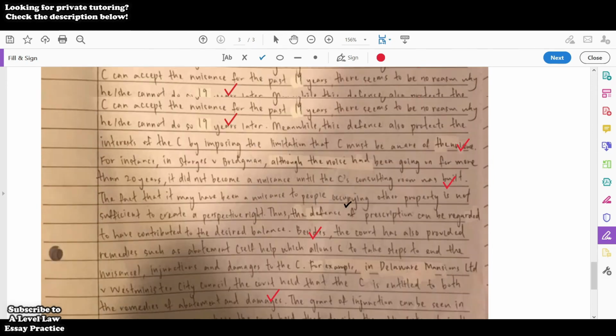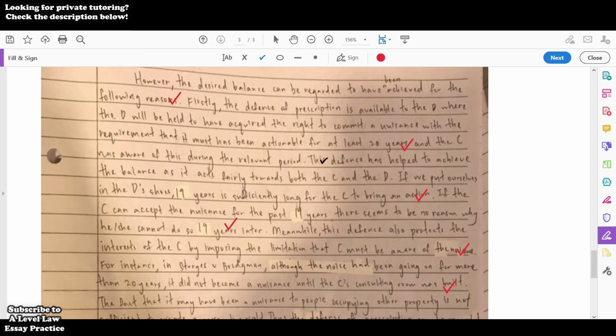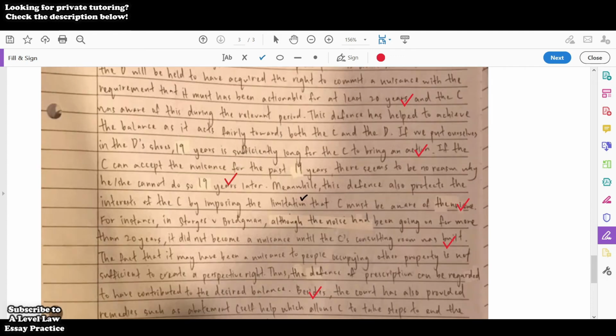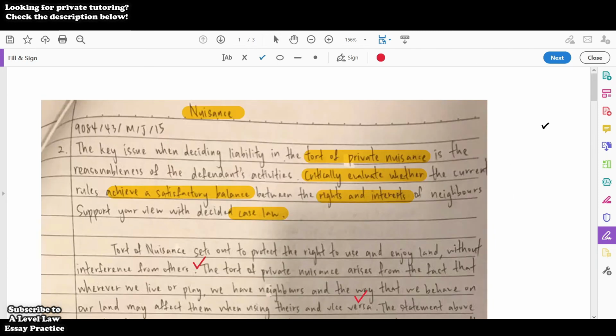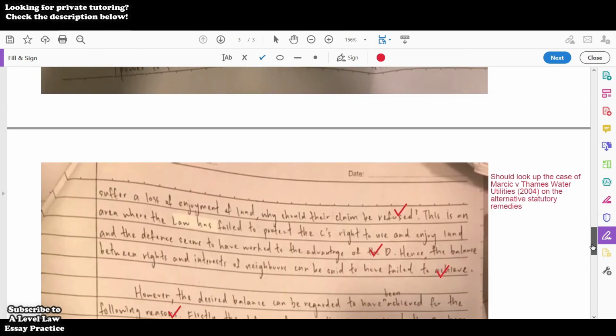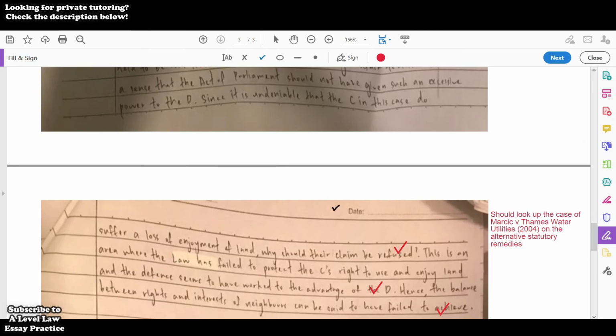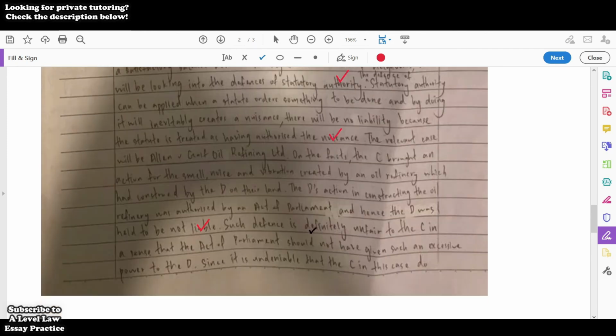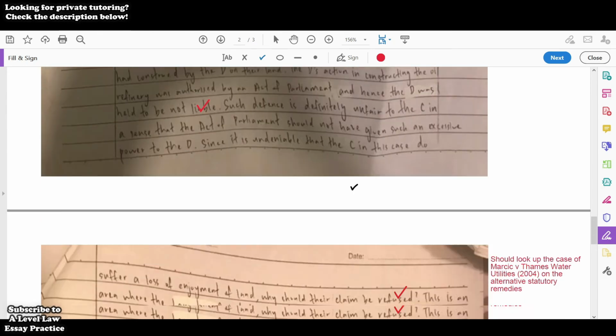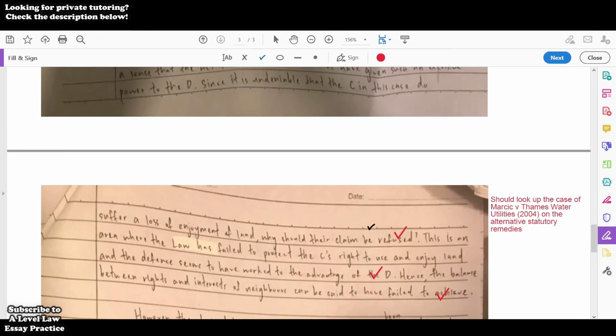But if you ask me, looking at this whole paragraph, the fact that you've discussed the case Sturgis and Brickman is actually in contrast with the situation under the defense of prescription, so there's actually a balanced discussion about rights and interests already. Just like in the previous paragraph, where you're talking about statutory authority, even with this one case or two cases here, you can actually discuss it both ways.